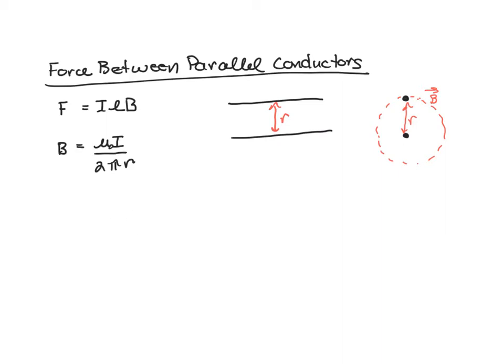So essentially I can take the force formula and the magnetic field formula and put them together here. But we have to remember, we have this one here that is exerting the force, so we'll call that I1 over here.